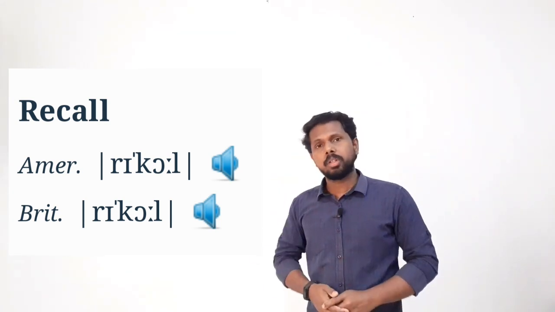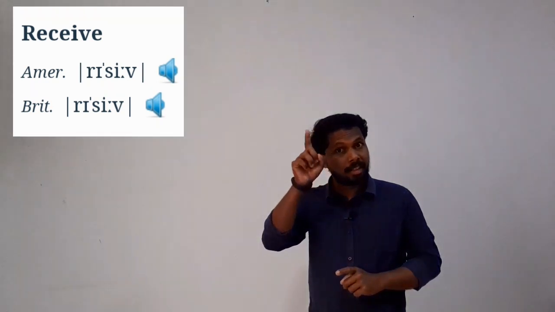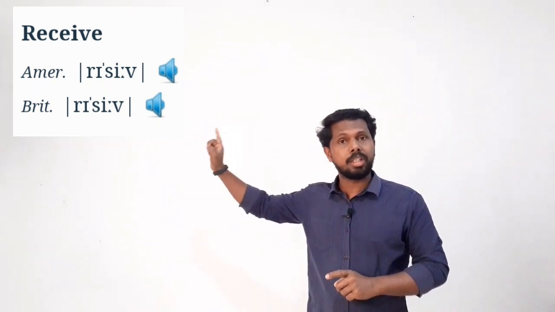And if you take another word, receive, the C in spelling is pronounced as S, receive. But we come back to our word recall. There also the spelling C was there, but we pronounce it as K. So the C in spelling in both the words recall and receive, we pronounce differently.